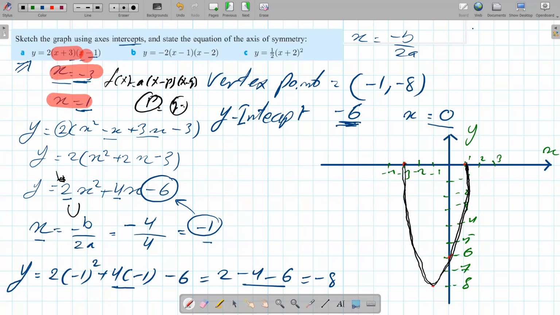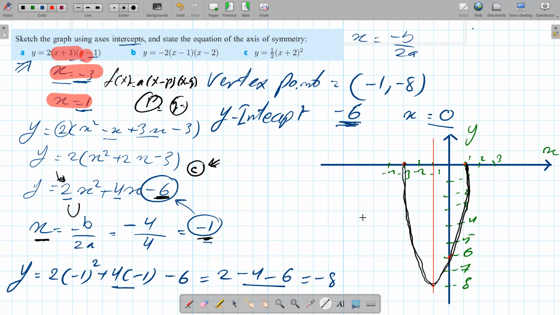Then after that, I converted this equation into the standard form. After that, we found that the y-intercept equals -6 because c always represents the y-intercept, which is -6. After that, using our rule, we found the axis of symmetry, x equals -1. Got the idea? Is it clear now?